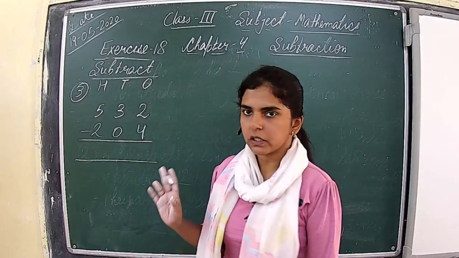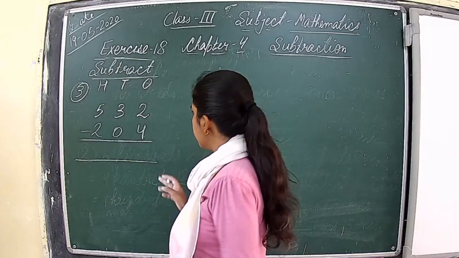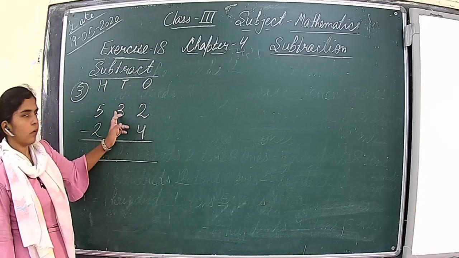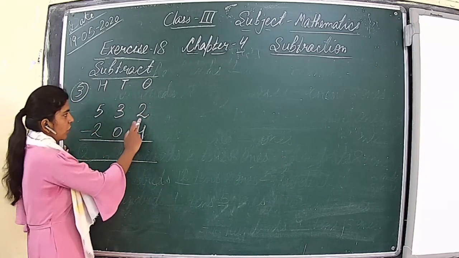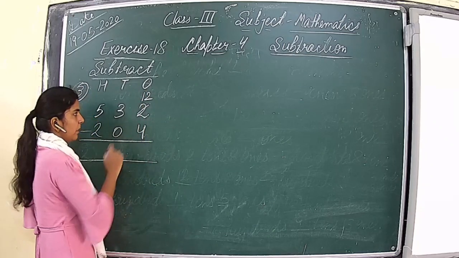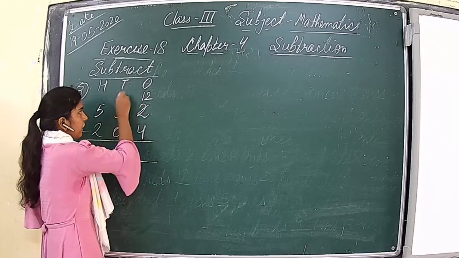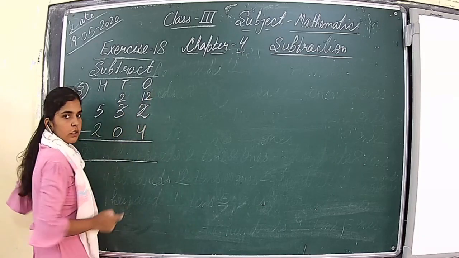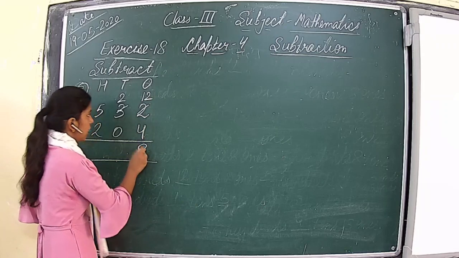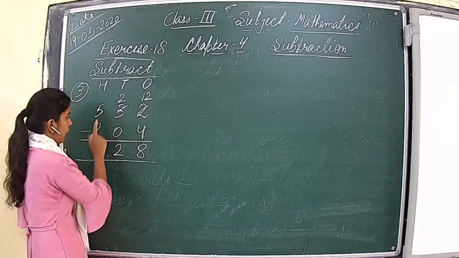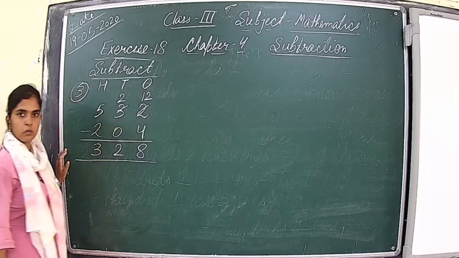We cannot subtract it. So what do we have to do here? We have to take one borrow, and you know that ones will always take borrow from tens. So 2 will become 12, and 3 will become 2. Right? So 12 minus 4 is equal to 8. 2 minus 0 is equal to 2. And 5 minus 2 is equal to 3.